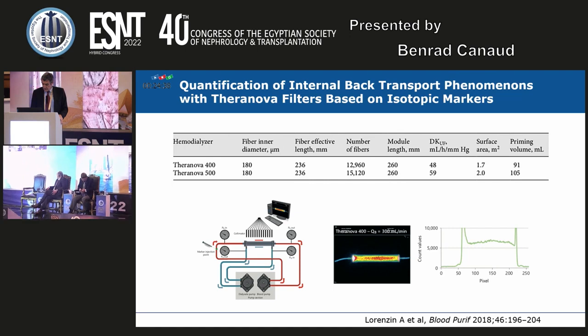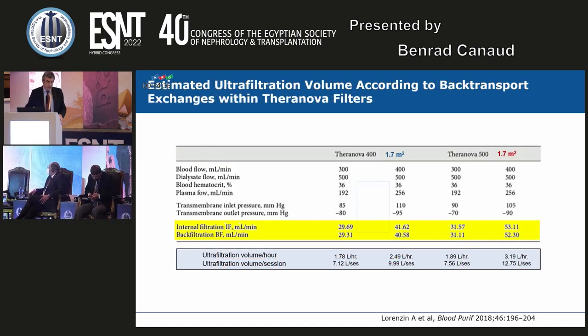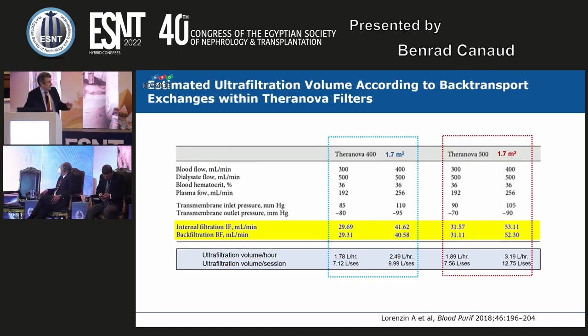So based on the calculation, I put that, and to show you, depending if you are using 1.7 square meter filters for the two sides, different porosity, you see that on the bottom I calculated the ultrafiltration that you can achieve.